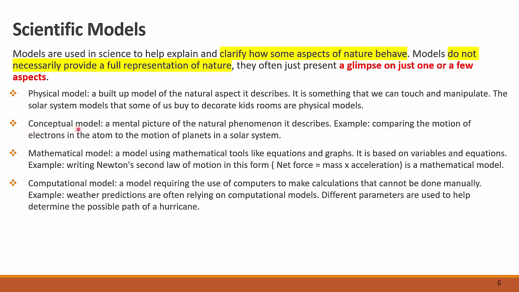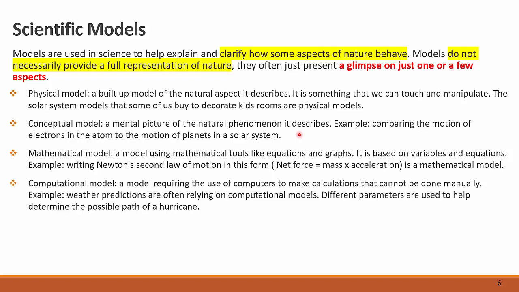Now, conceptual models are mental pictures that we have in our own heads, in our own brains, of natural phenomena, to describe natural phenomena. For example, comparing how electrons move in an atom to the motion of planets in a solar system would be a conceptual model.